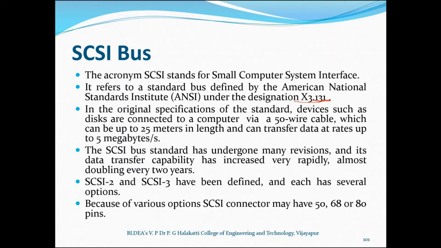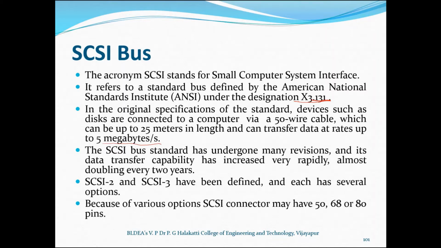SCSI is a set of parallel interface standards for attaching printers, disks, CDs, DVDs, drives, scanners and other peripherals to a computer. In the original specifications, devices such as disks are connected to a computer via a 50 wire cable up to 25 meters in length with a data transmission rate of about 5 megabytes per second, or 5 Mbps.